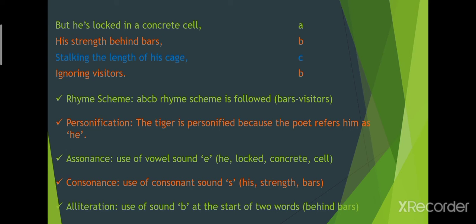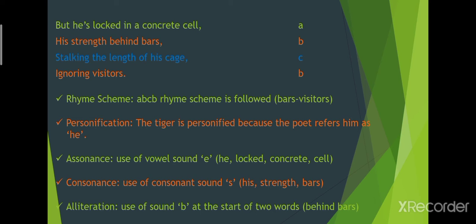So in this, the poet had used the vowel sound E. Where did he use this vowel sound? In the first line. If you observe the words, he locked in a concrete cell. So, he locked, they are next to each other. And in a concrete cell, they are also next to each other.